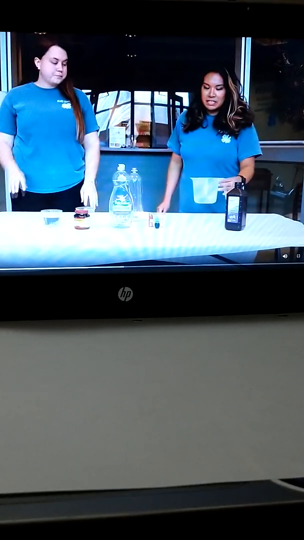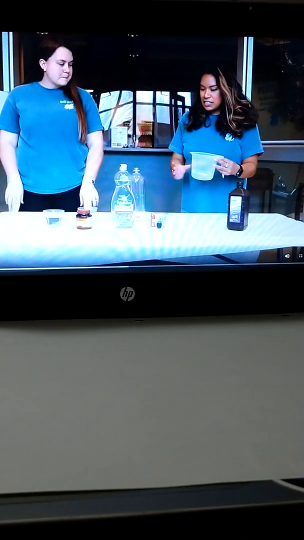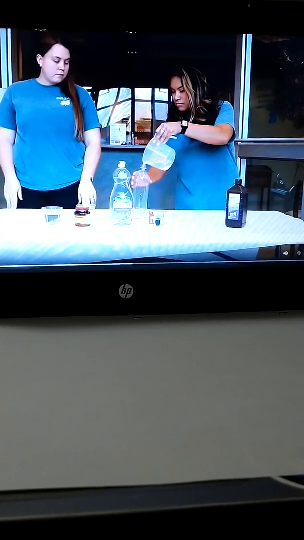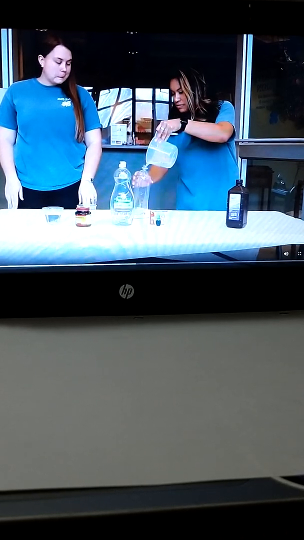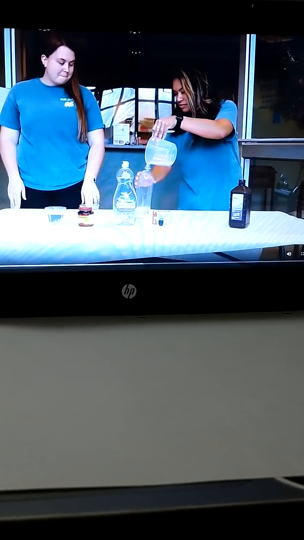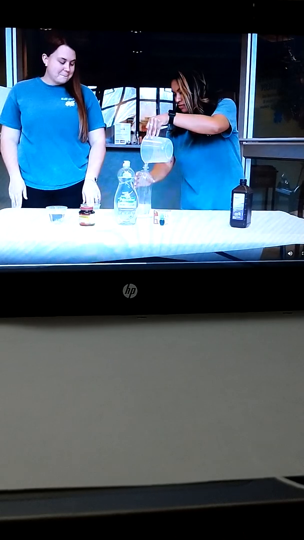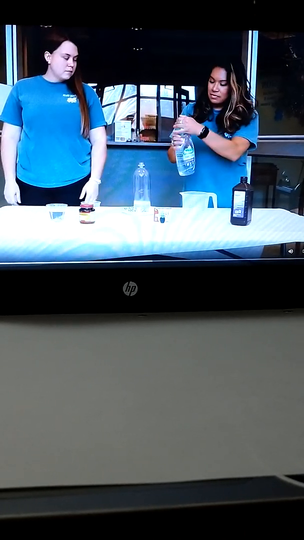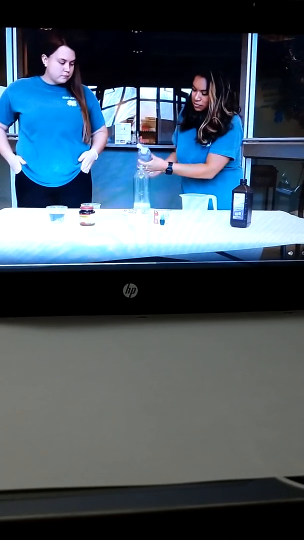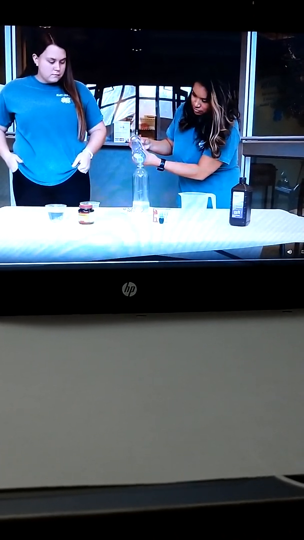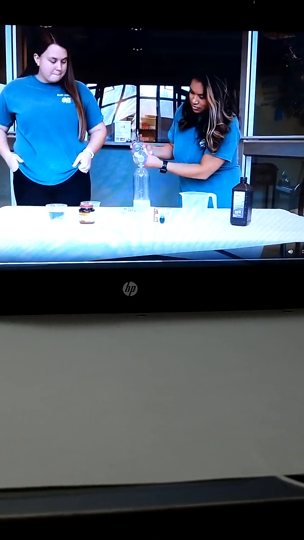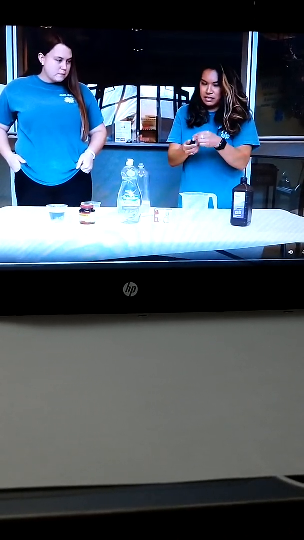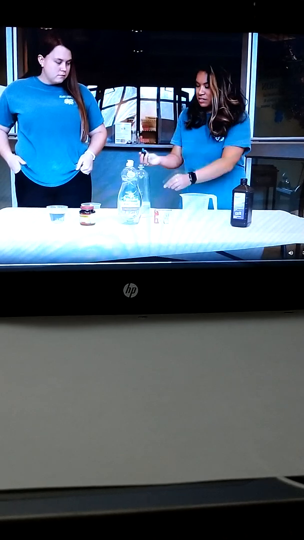So first we're going to dump the cup of hydrogen peroxide into the bottle. And then a few drops of dish soap. And then 10 drops of food coloring.